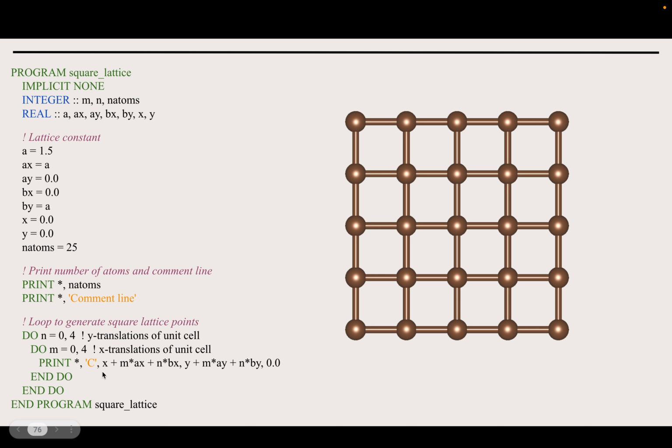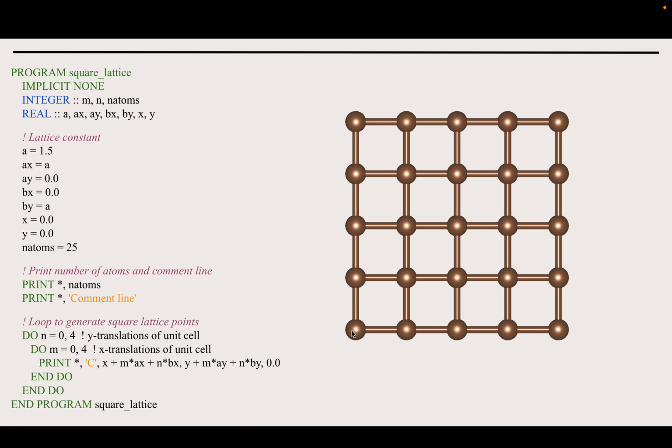Next, in the print statement we have written c first, because if we want to make a square lattice of carbon atoms, this c is defined for that atom, that is, for carbon. And next is the x coordinate of that atom. It starts with the origin, so x plus m into ax plus n into bx, and then the y coordinate is y plus m into ay plus n into by. So this is along the components.